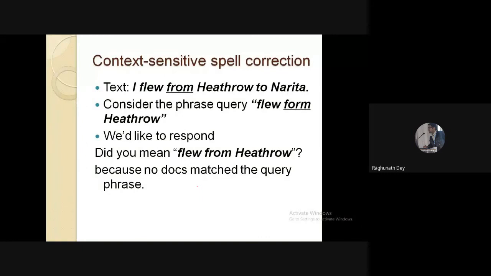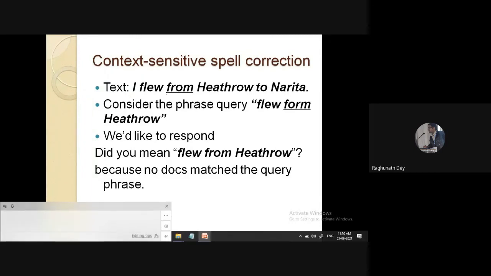It is all about isolated word correction. Then come to context sensitive spelling correction. That example was very common that we have already told: I flew from one place to another place, Heathrow to Narita. So whether it is FROM or FORM. How to respond in this kind of phrase query?